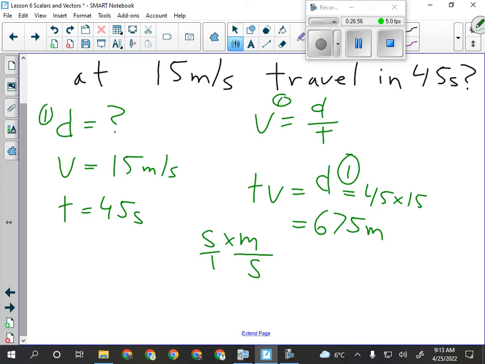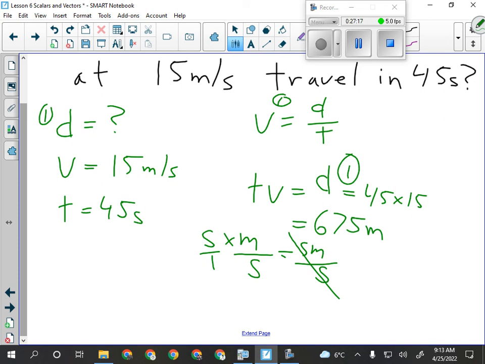It is. So seconds times meters is second meters. I don't know what that is, but that's okay. And 1 times seconds is seconds. Seconds on the top, seconds on the bottom, what do they do? They cancel. So I'm left with meters.